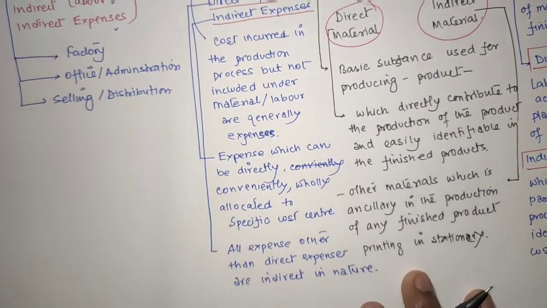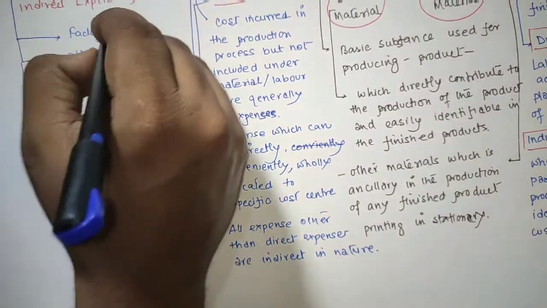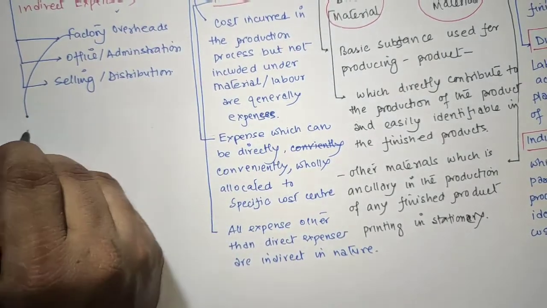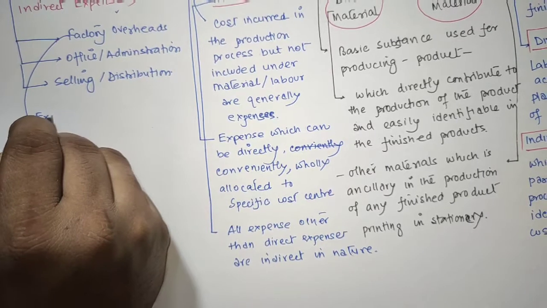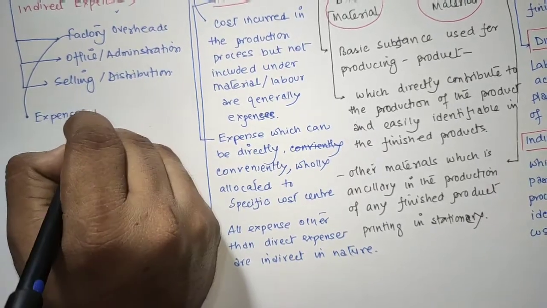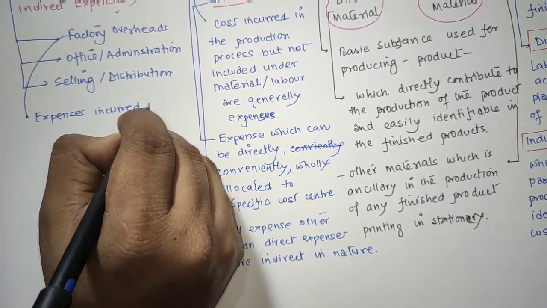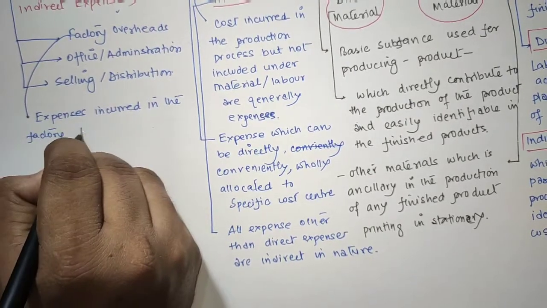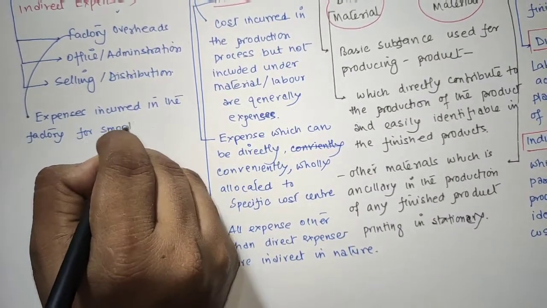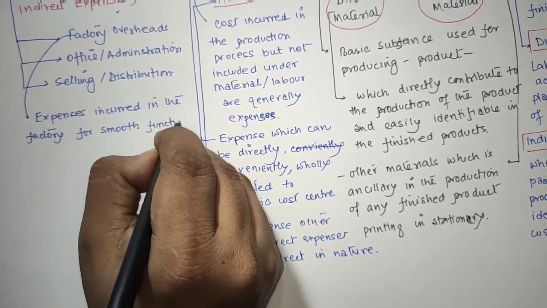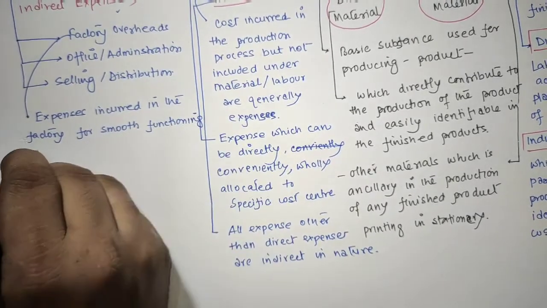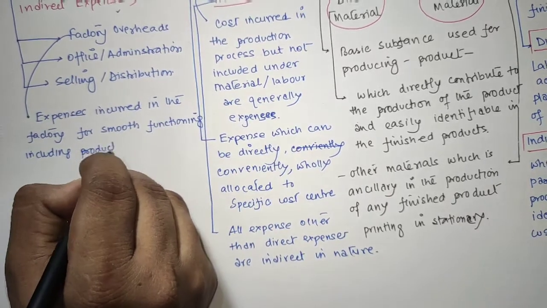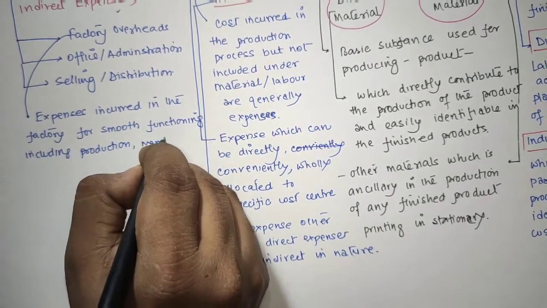Okay, now about factory overheads. Factory overheads are expenses incurred in the factory for smooth functioning, including production expenses and production management expenses.